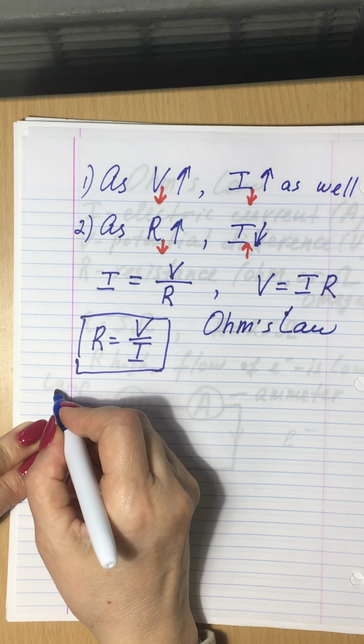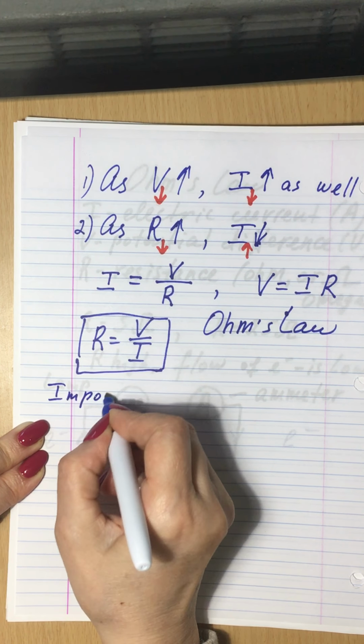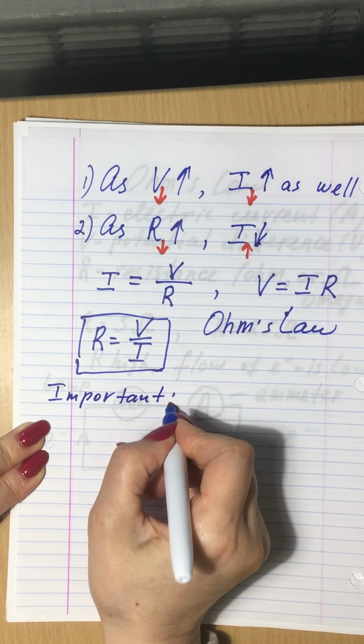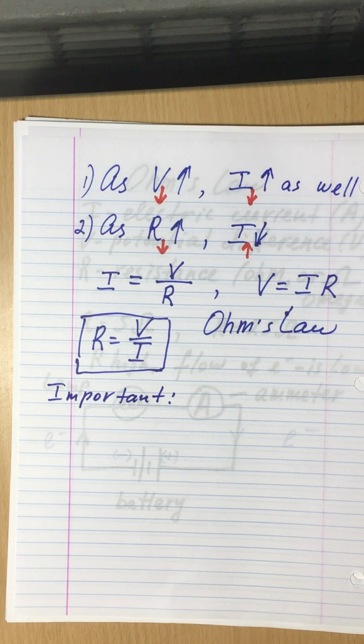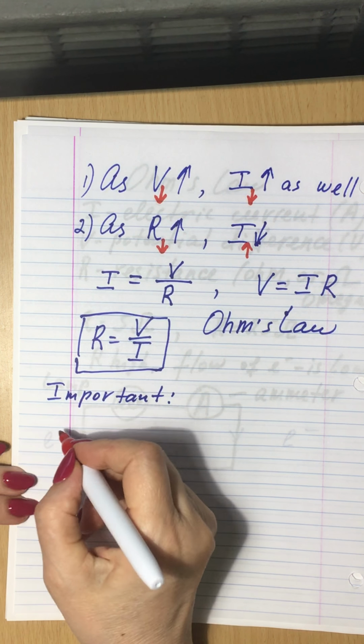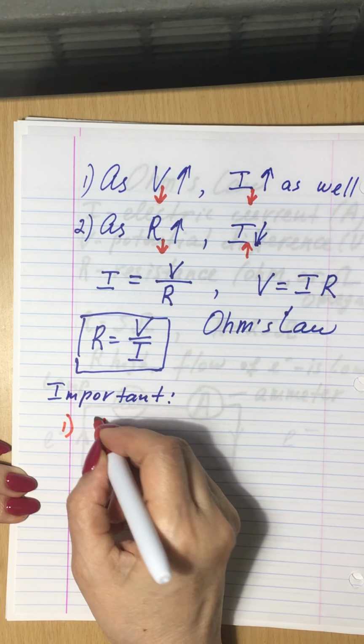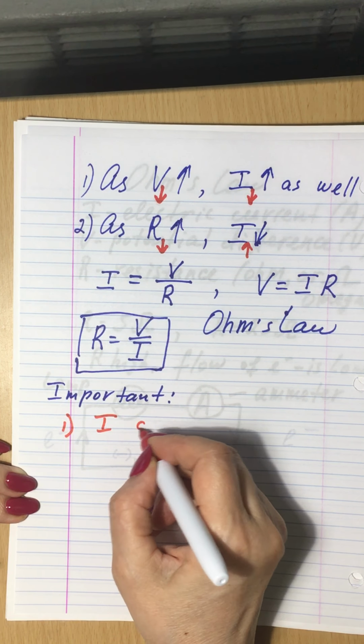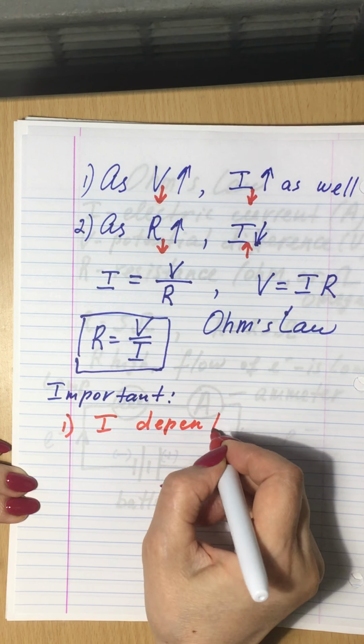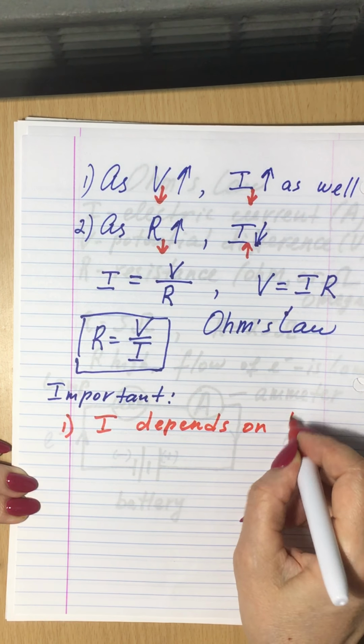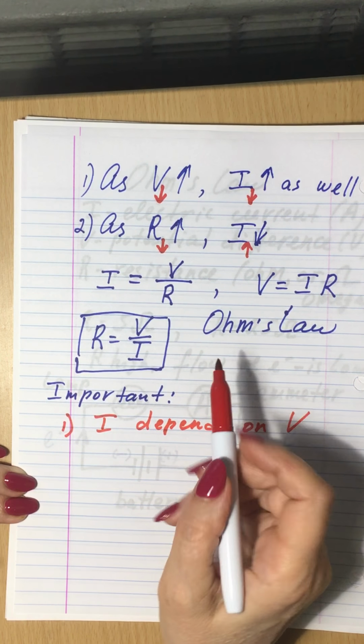So it's very important to understand, number one, I, or electric current, depends on V, potential difference, directly proportional.